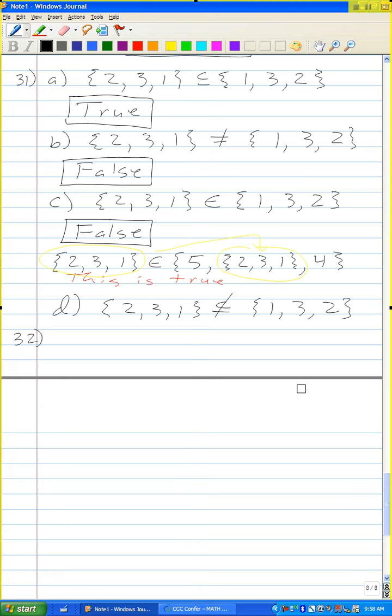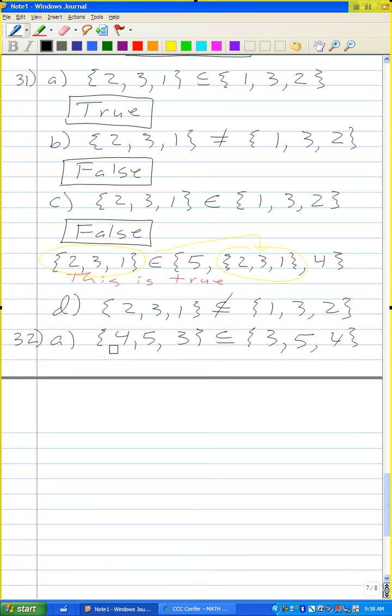Problem 32. Is {4, 5, 3} a subset of the set {3, 5, 4}? I want to see, is this set a subset of this set?